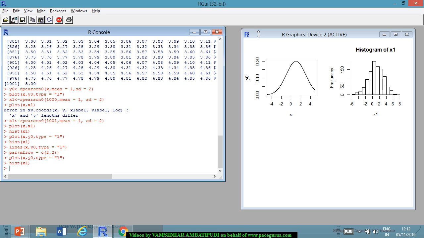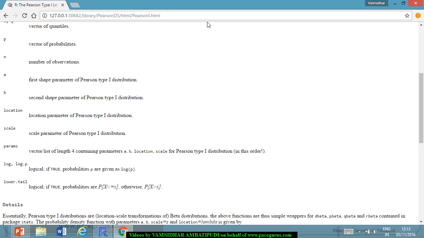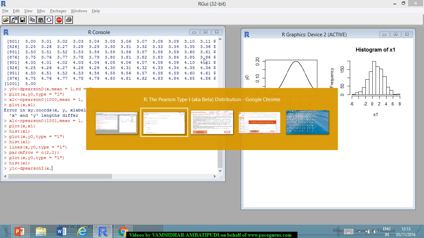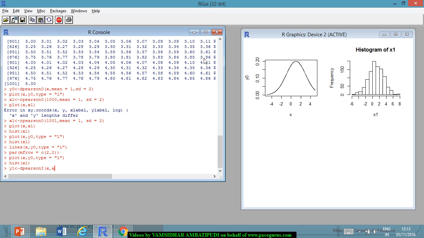So let's take our y1, which is associated with this. So let's see d Pearson 1. Now it requires parameters. The first thing is my x, so I'm giving x. Then the next thing is I have to give a value.